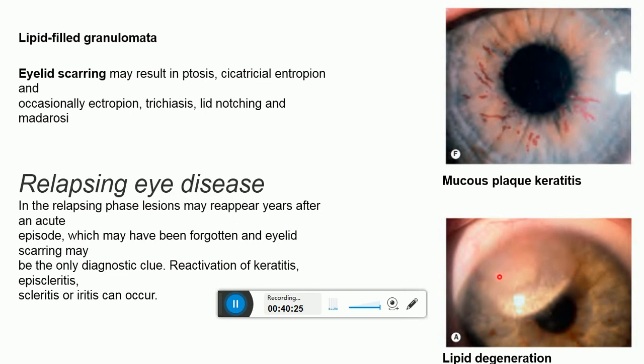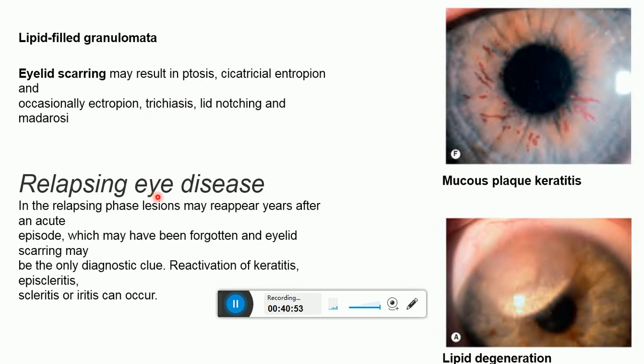This is lipid degeneration, with lipid-filled granulomata similar to those resulting from chronic irritation. The dorsal conjunctiva may progress to erythro-calcified concretion. Subconjunctival scarring may occur. Eyelid scarring may result in ptosis, cicatricial entropion, ectropion, trichiasis, lid notching, and madarosis.